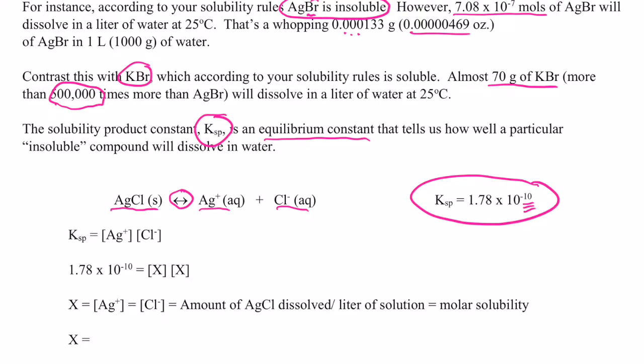So if we were to write the expression for this process, we'd have Ksp equals, and remember we put our products on top, Ag plus and Cl minus, and their coefficients become the exponents, but since there's no coefficient here, it's understood that it's 1, and so those are both raised to the first power, which we leave off of the expression.